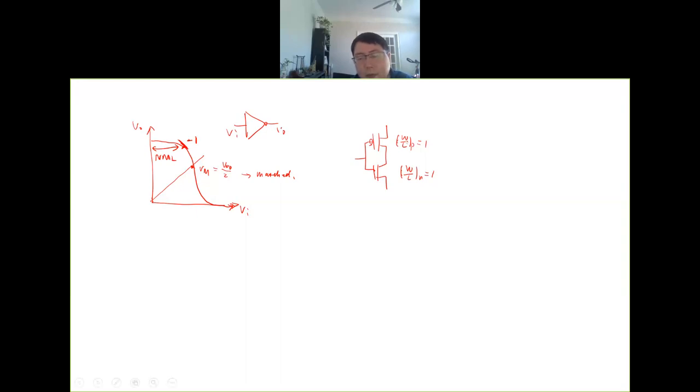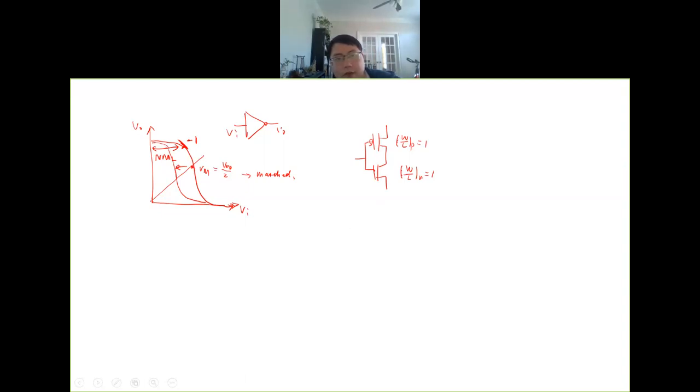In this example, the NMOS will be stronger because mu N is larger than mu P. So if you have the same W over L, NMOS will be stronger. If NMOS is stronger, that means this VTC will shift to the left and the Vm will shift to the left. Because NMOS is for pull down, and if NMOS is stronger, you will pull down the output earlier. So you will shift to the left.